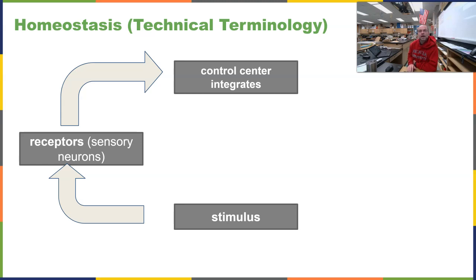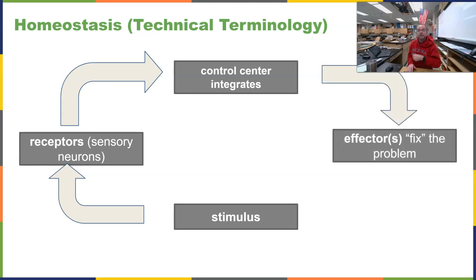Okay? So the control center integrates, calculates, and says, oh wow, whatever you're talking about is either too high or too low. We're going to need to fix that. So then the control center sends impulses or signals to a group of specialized cells called effectors. Effectors are usually glands or muscles that attempt to fix the problem.